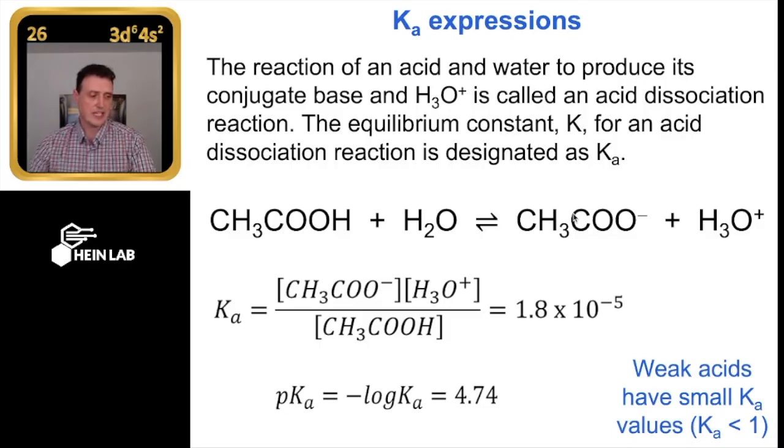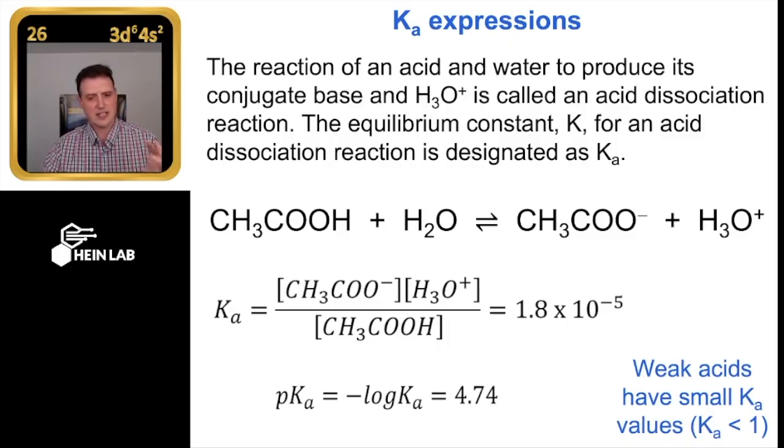So the Ka expression for this guy, shown fully with the full balanced chemical equation: acetic acid plus water gives me my acetate, CH3COO minus, and H3O plus. When we define that as a Ka expression, the products are our A minus component and my H3O plus, and the denominator is our acetic acid, the unionized form. That's the HA component.